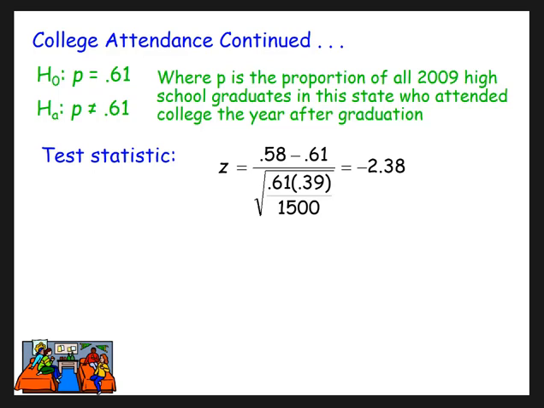So our test statistic, we have 0.58 minus 0.61 divided by our standard error there, or standard deviation of the proportions, the square root of 0.61 times 0.39, or 0.39 is just 1 minus 0.61, over 1,500, giving us a test statistic of negative 2.38.